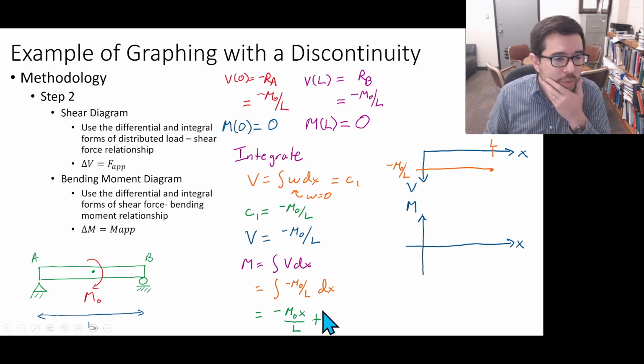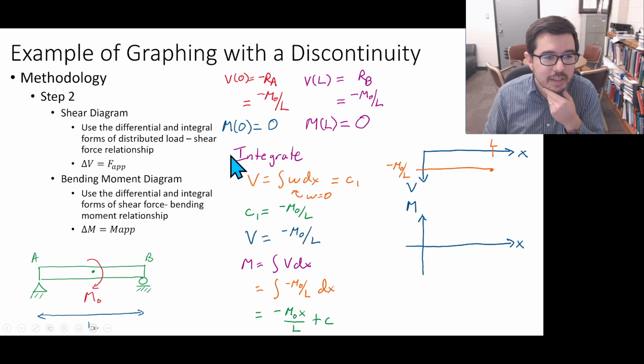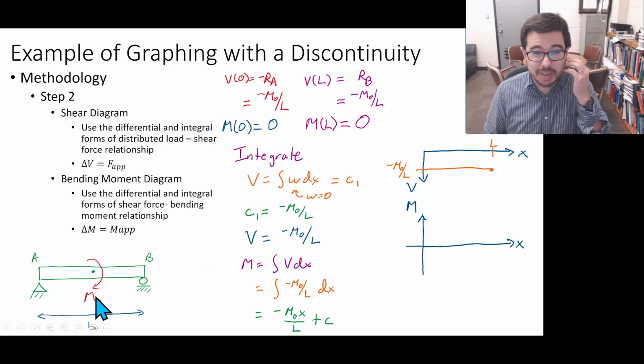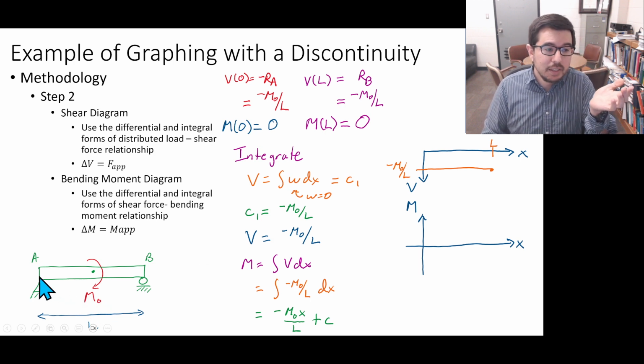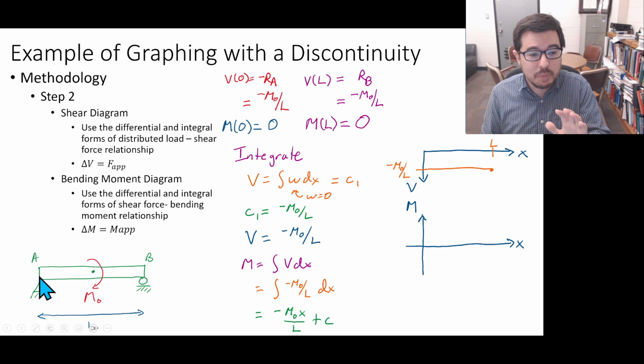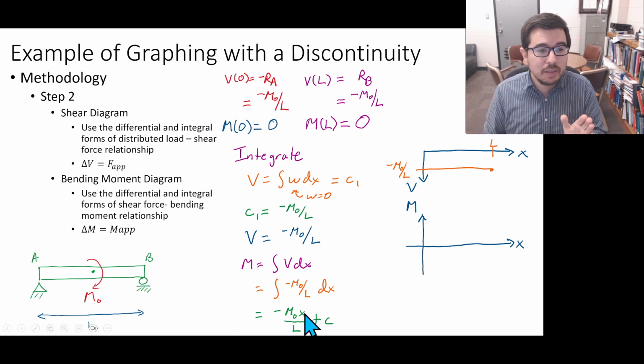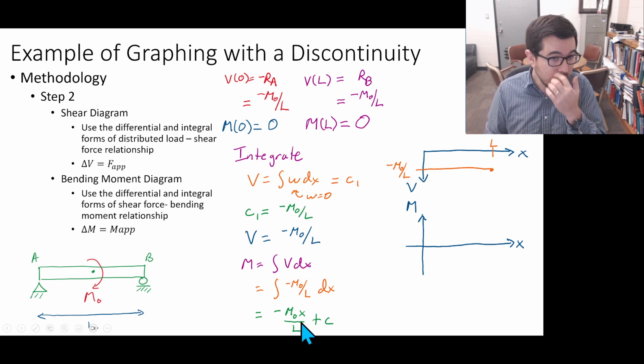So what do we see? On the left side, M of 0, the internal bending moment, is 0. And you're like, oh yeah, because the pin can't really apply any bending moment anyway. So it's going to be 0. The math also is telling us that it's 0. So what does C have to be equal to? Well, plug in x equals 0, this is 0.